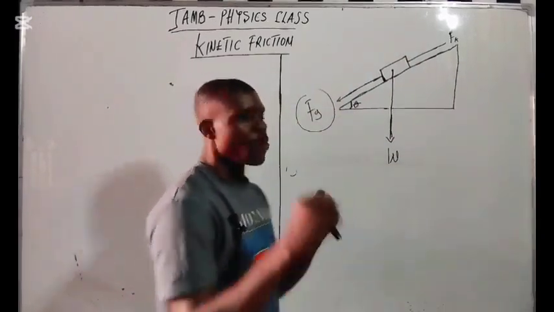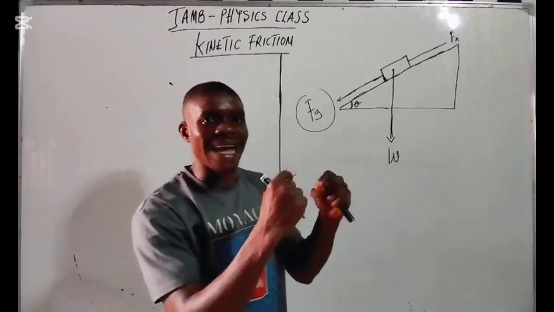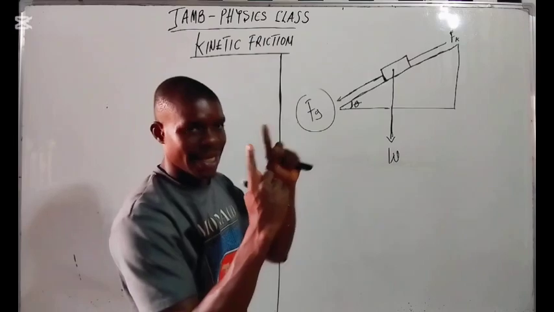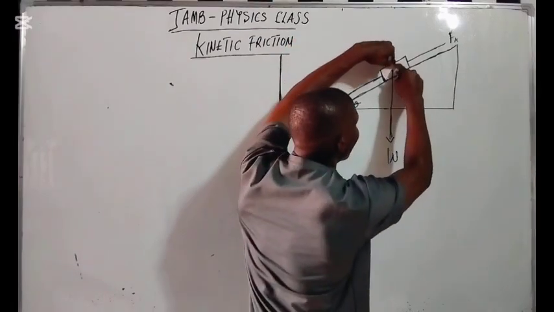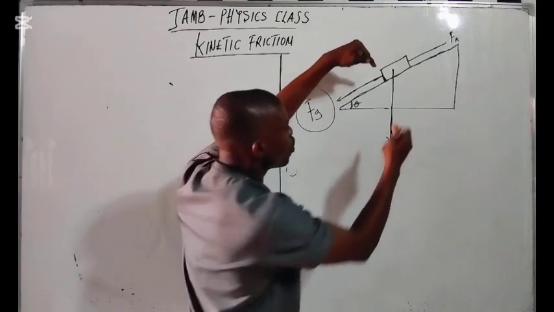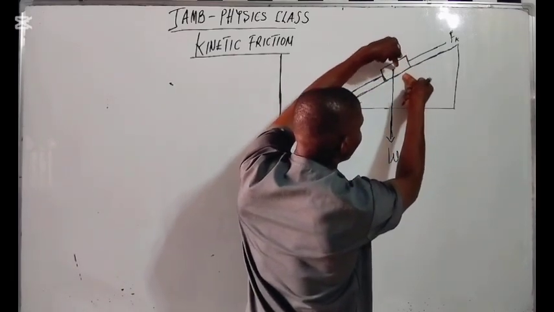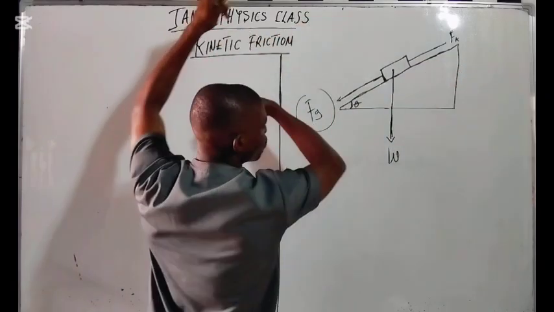Do you understand? Now, when the object is sliding down, there's always a force that holds it. If there is no force that holds this bus and the inclined plane together, the bus will just slide off, right?